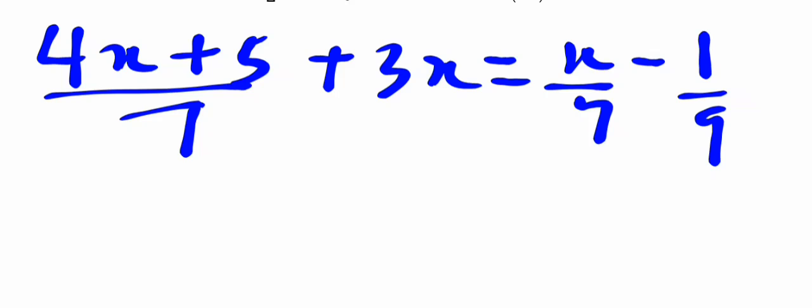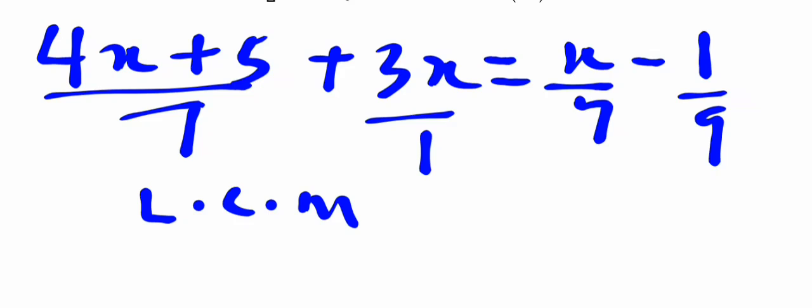So the first thing we do here is to balance the equation. So here we have 3x over 1 as well. So we get the LCM here. The LCM here is 63.